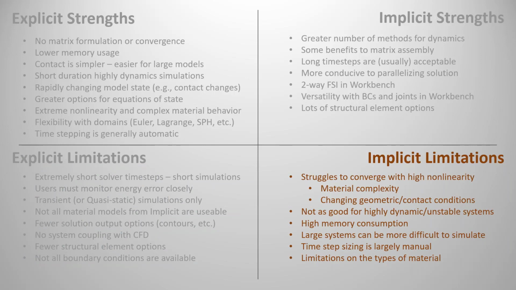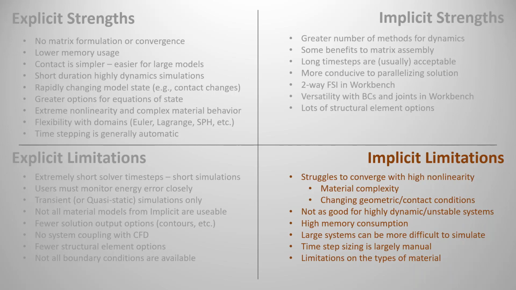Of course, the limitations for implicit analysis, the struggling to converge between steps, right? Especially with complex material properties, changing system conditions, contacts, et cetera. Not great for highly dynamic simulations. A lot of memory can be consumed.